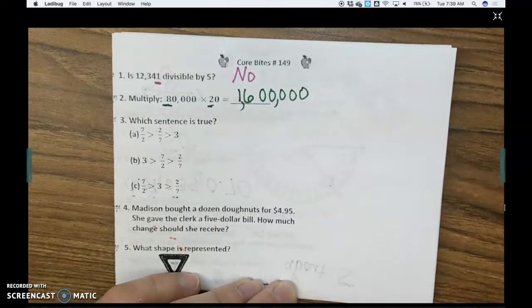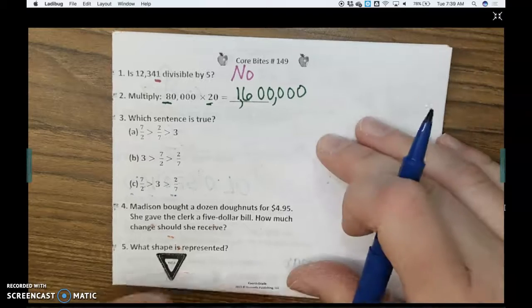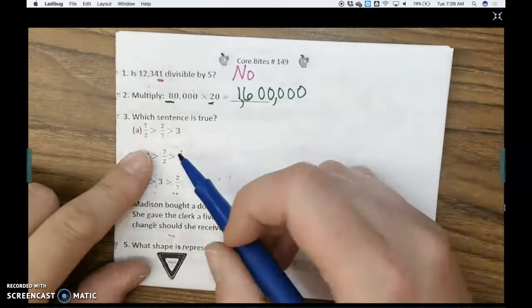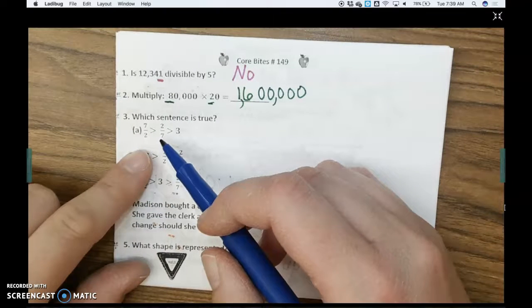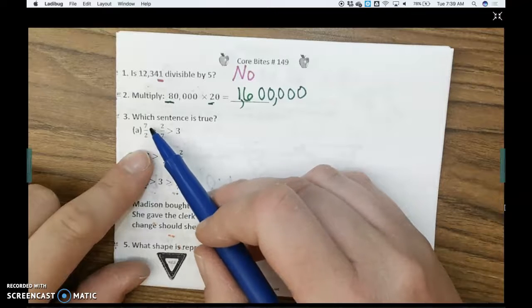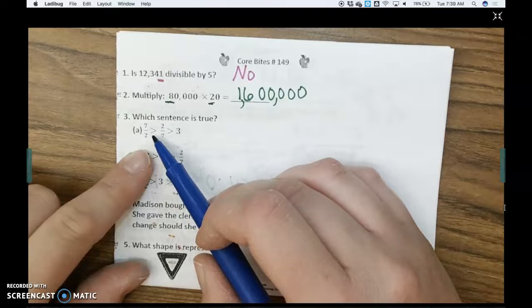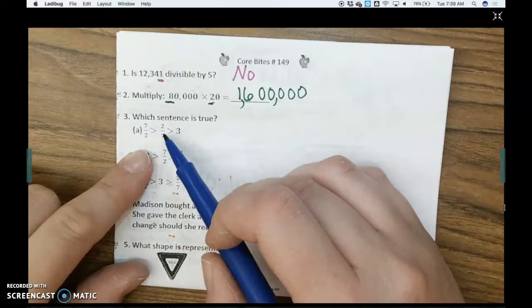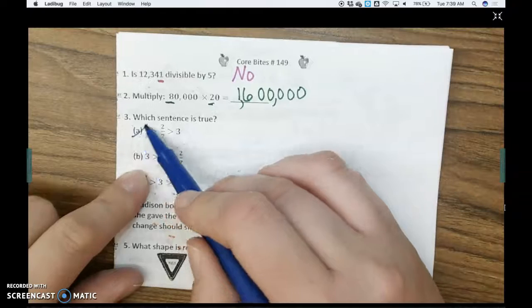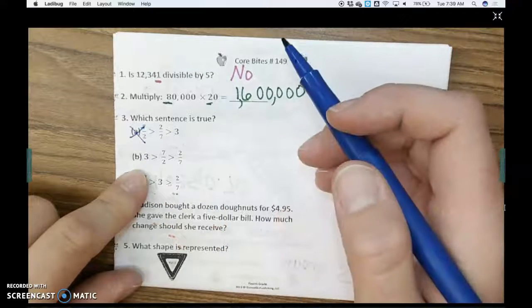For the next one, we're looking at some fractions, trying to see which one is true. So we have 7 over 2, which would be an improper fraction because the numerator is larger than the denominator. So 7 halves is greater than 2 sevenths, but is 2 sevenths greater than 3? No, because 3 is 3 wholes, right?